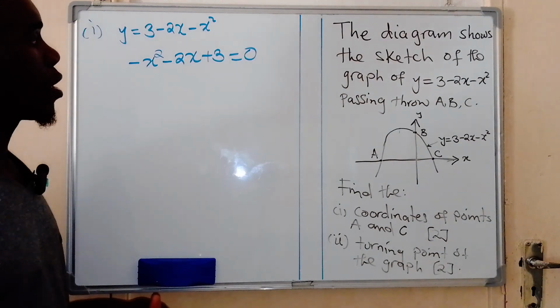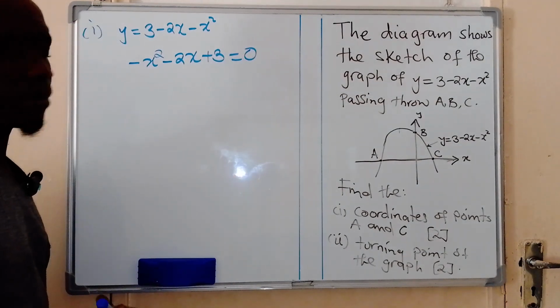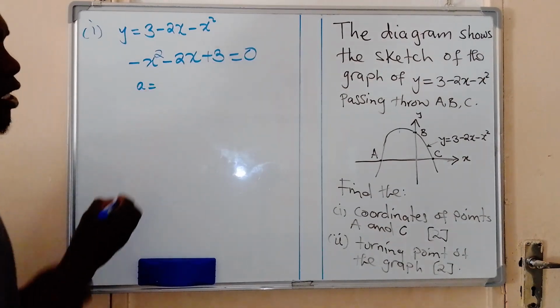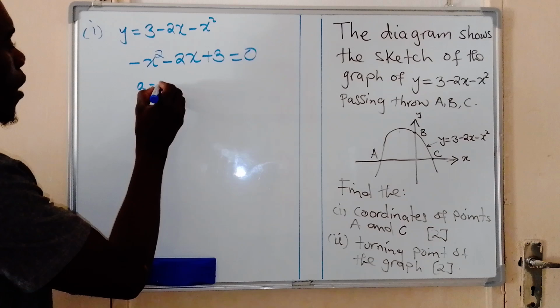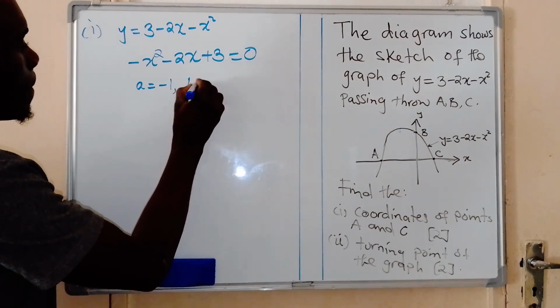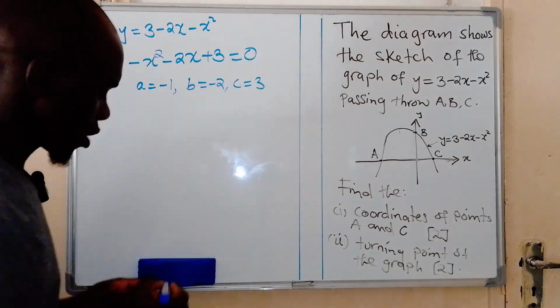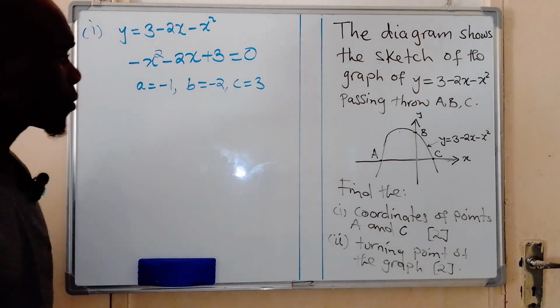In short, we have the quadratic equation. With this information, you must know what a is. A is equal to -1, b is equal to -2, and c is equal to +3.